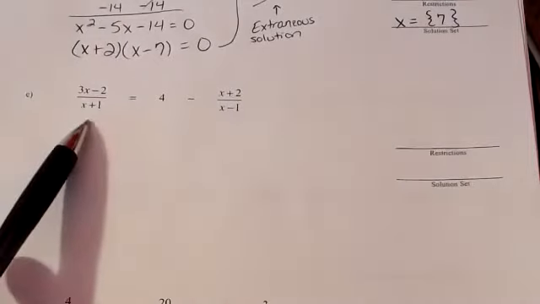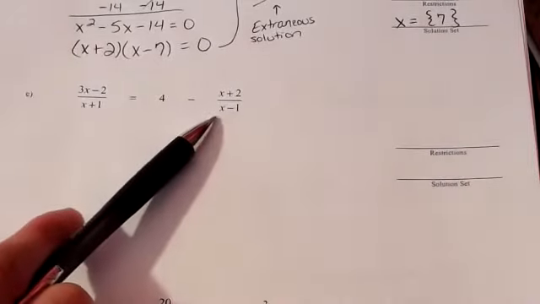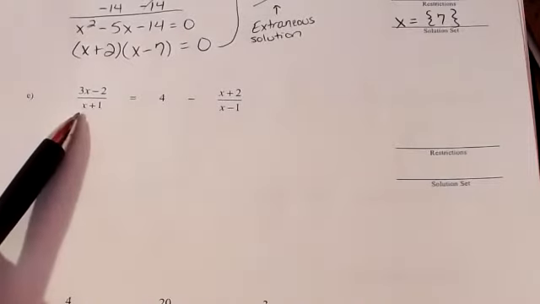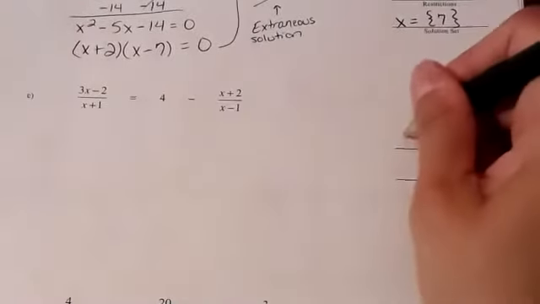Look at part E. What number can x not be in this case? 1. Yes. If x were 1, boom, this is 0, right? What about this side? X cannot be negative 1? Yes, perfect. You found the restrictions.